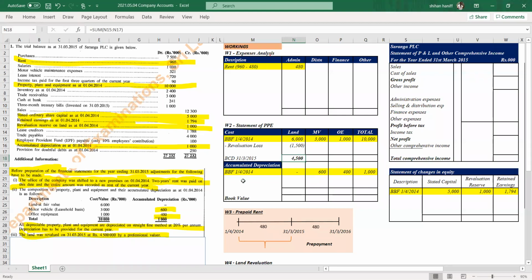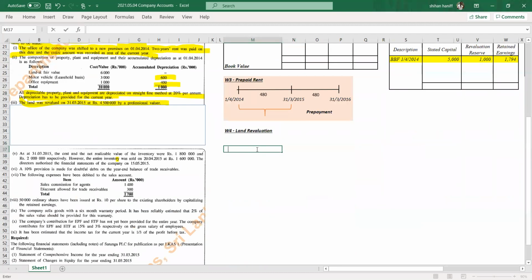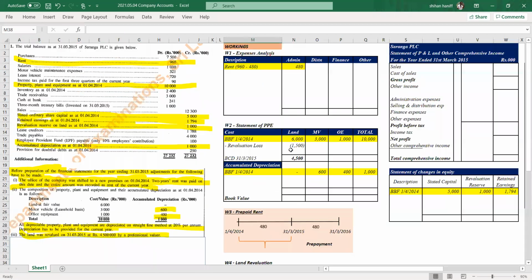So we have to credit the land. Land account is credit $1,500. Can you tell me what is the debit account? Where do you debit this? It's a loss. Where do you debit this 1,500? Profit and loss account.